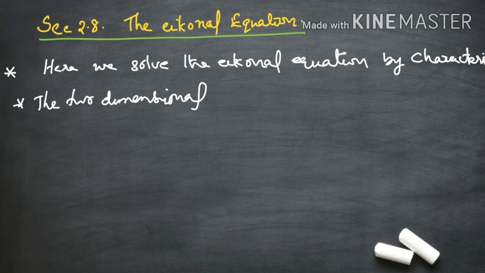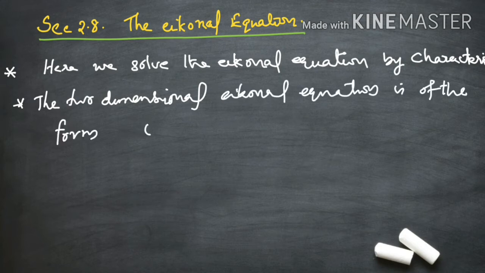Okay, the two-dimensional equation is of the form ux square plus uy square is equal to n square.